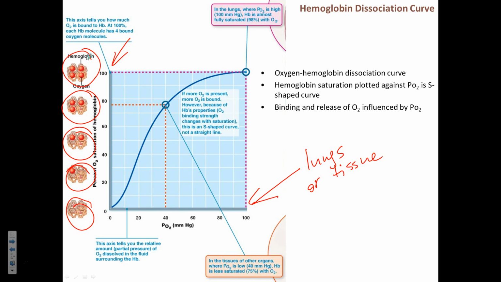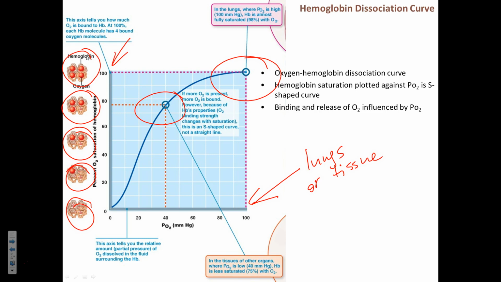So we're going to first talk about 2 points. The warehouse, which is the lung, and the tissues, which is the department store. Let's talk about lungs. The partial pressure of oxygen in the alveoli is high, right?